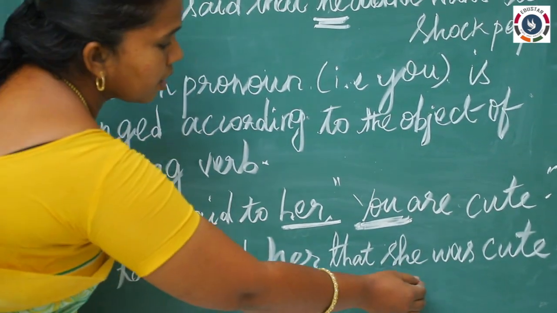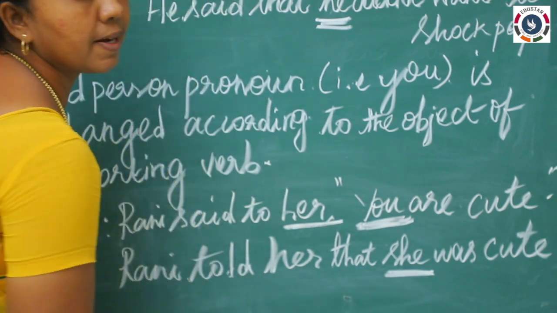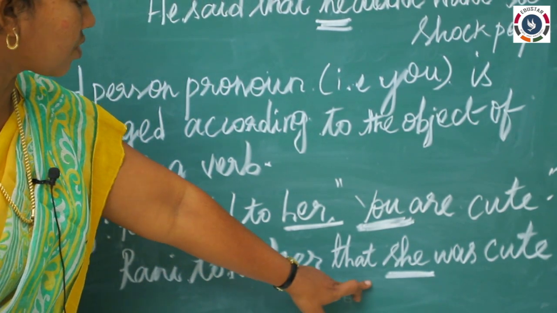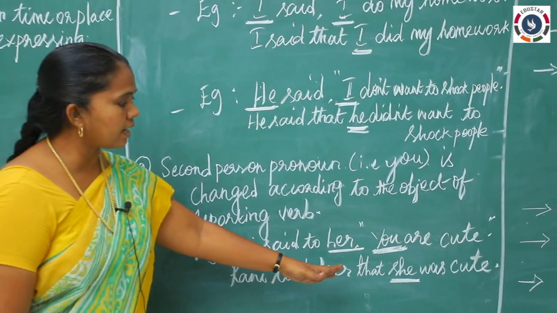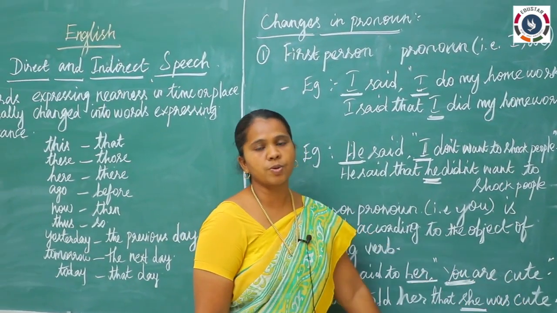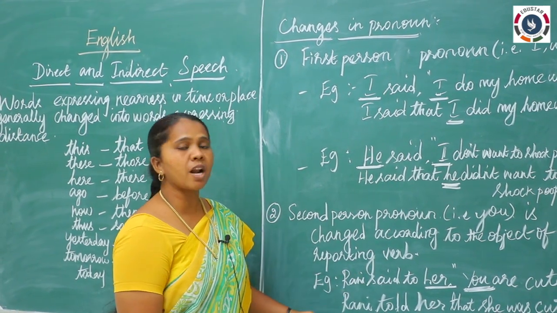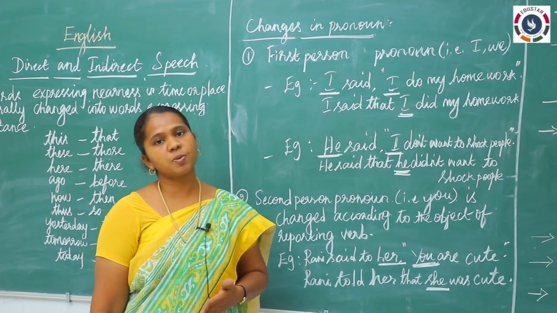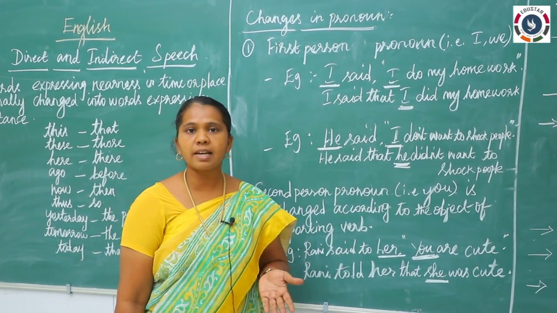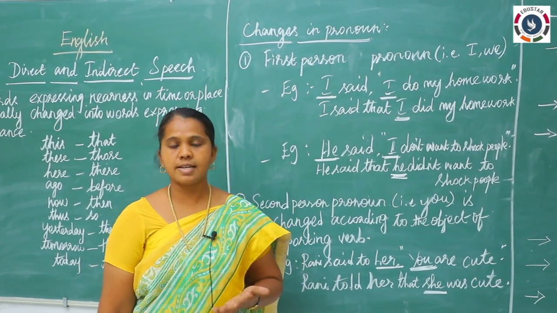So here the pronoun is "she". How did we change this? According to the object. So, Rani told her that she was cute. And the third person pronouns "he", "she", "it" will not be changed in the indirect speech. As it is, you will be writing "he", "she", "it".